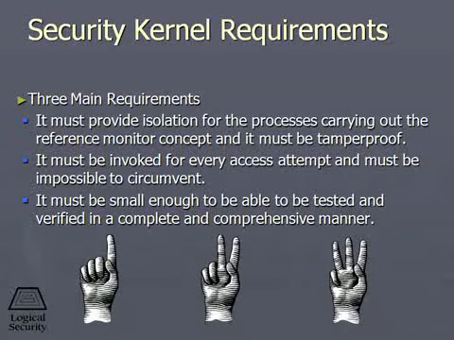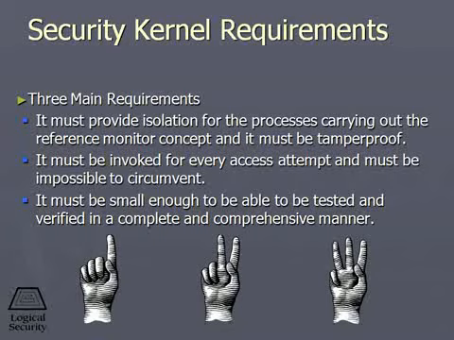So this security reference monitor has three major requirements that must be in place for any operating system to satisfy any level of the TCB. The first rule of this security reference monitor is that it must provide isolation between subject and object, and it must be tamper-proof. That's rule number one. It's a boundary between subject and object, and it cannot be tampered with.